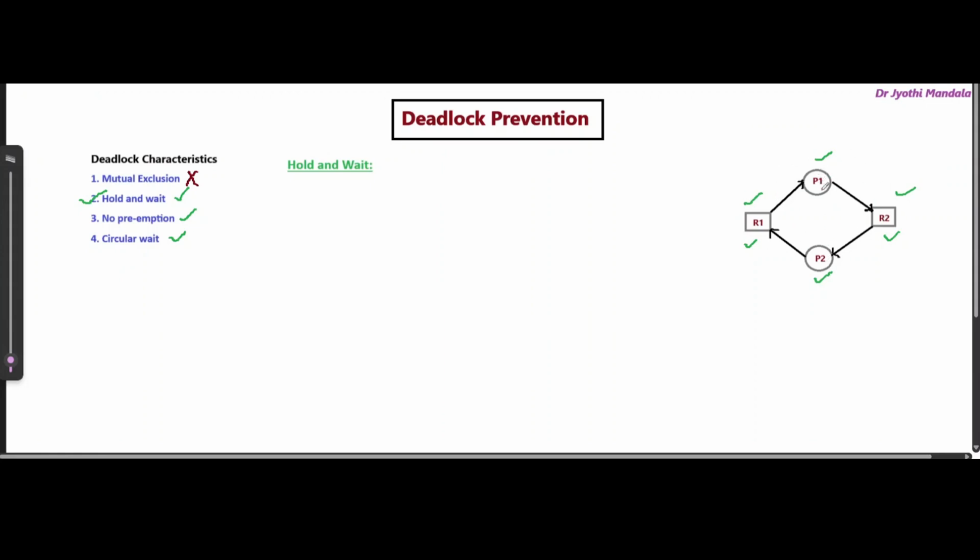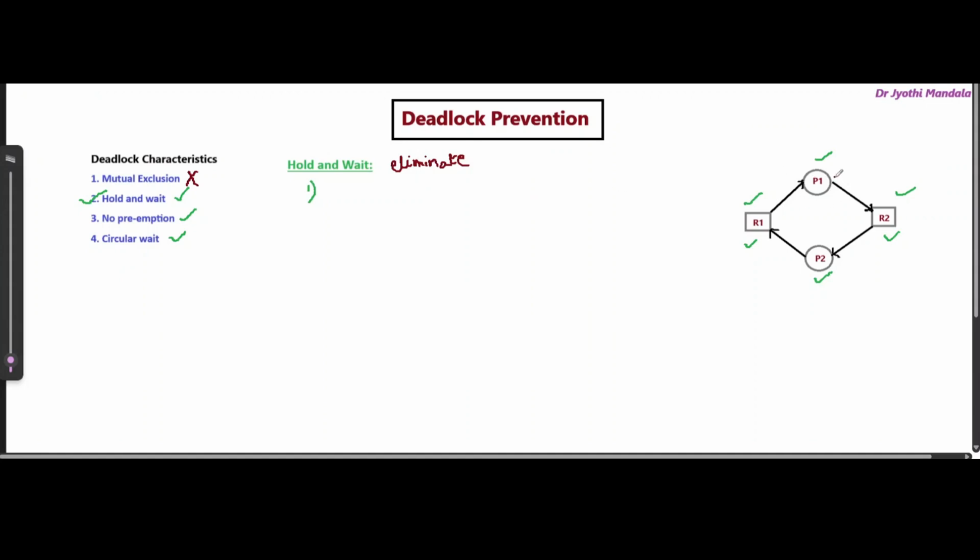Never get means they cannot perform their task, so they cannot complete their task and it will lead to a deadlock state. So to avoid this hold and wait, they have suggested two approaches. The first approach is you need to eliminate this hold and wait. How can we eliminate? The first approach is a process can request for another resource only when it is not holding another resource.